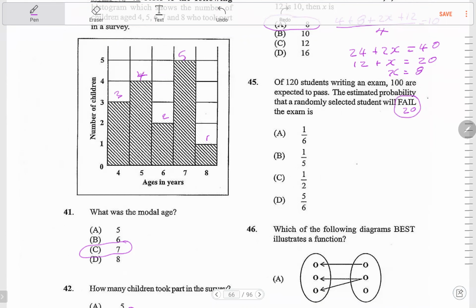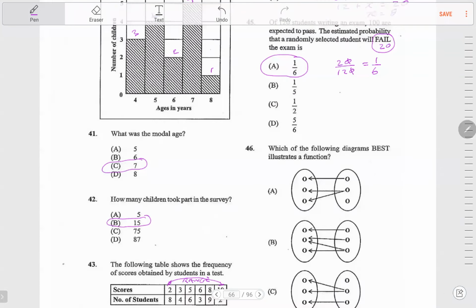The probability becomes 20 out of the total of 120 students will fail. So this cancels this, and then you get 1 over 6. 2 into 12 is 6, you get 1 over 6. 20 over 120, so that's 1 over 6.